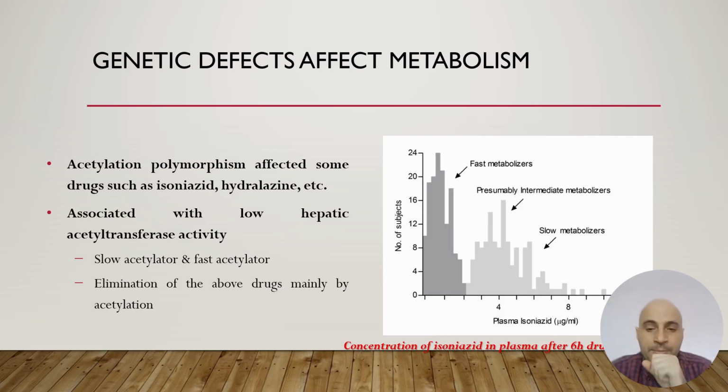One major example that we use a lot is a drug that is used for the treatment of tuberculosis, which is called isoniazid. It has fast metabolizers, slow metabolizers, and intermediate metabolizers.